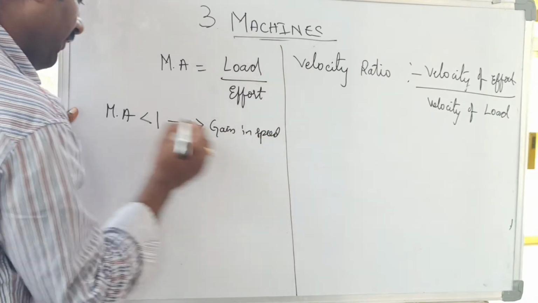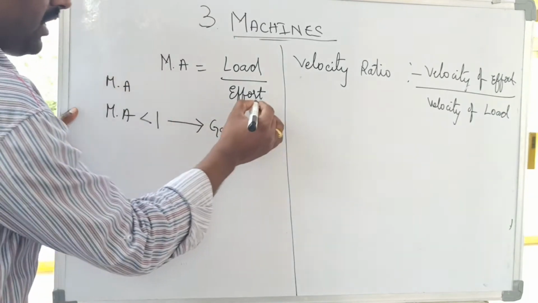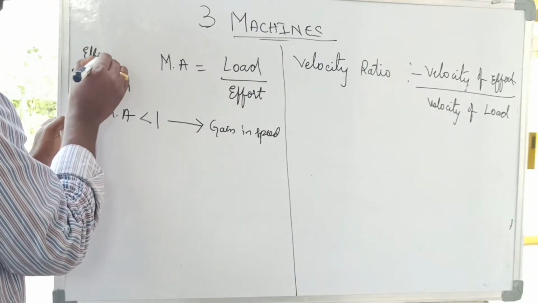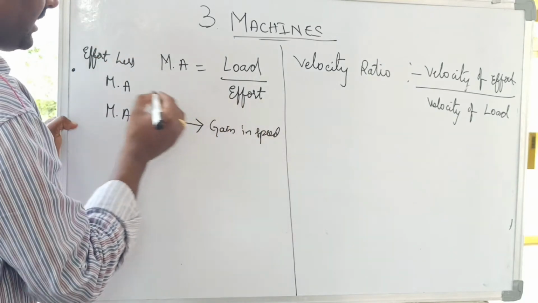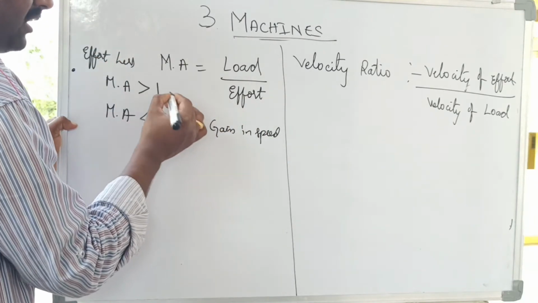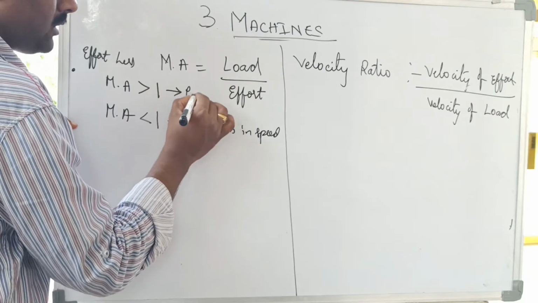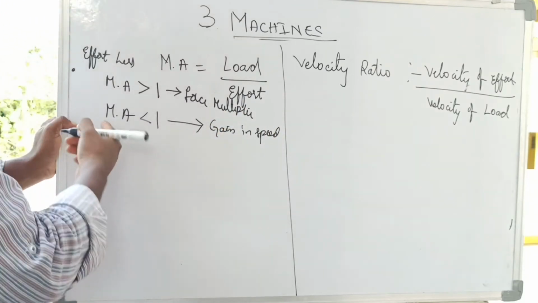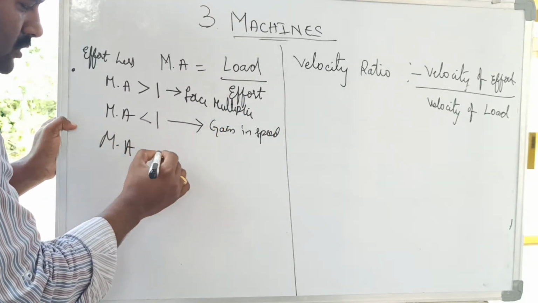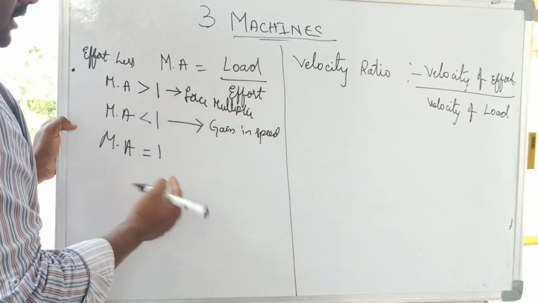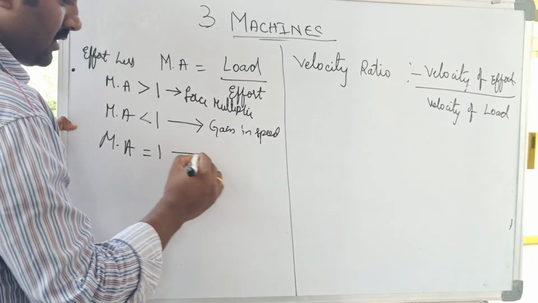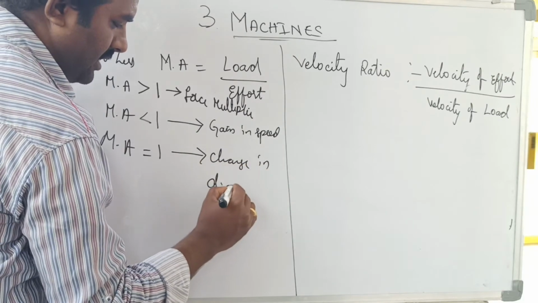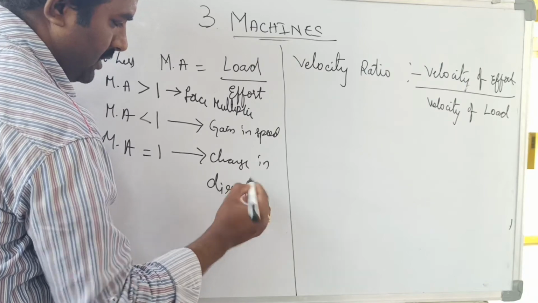If effort is less, then mechanical advantage will become greater than 1, and then it is called a force multiplier. Suppose mechanical advantage equals 1, that is load equals effort, then this is called a change in direction. Like this we can find out the machines.